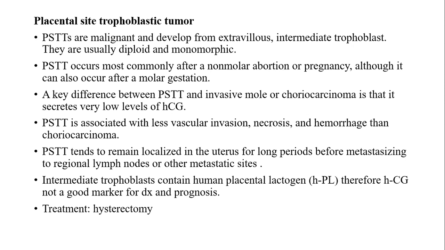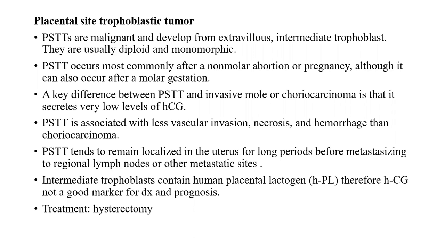For the placental site trophoblastic tumor, they are malignant and develop from extravillous intermediate trophoblasts. They're usually diploid and monomorphic. They occur most commonly after non-molar abortion or pregnancies, although it can occur after a molar gestation.